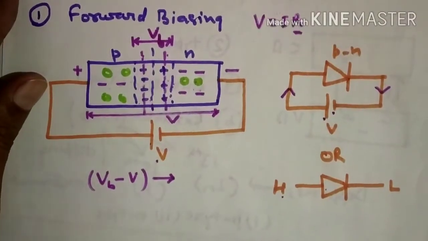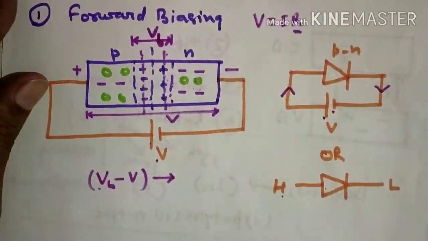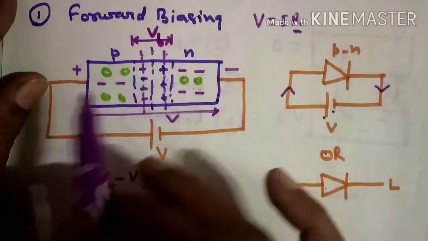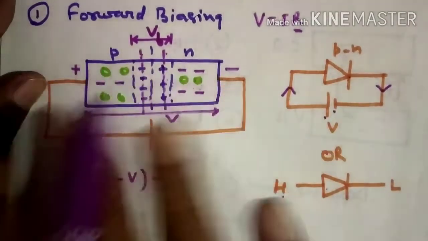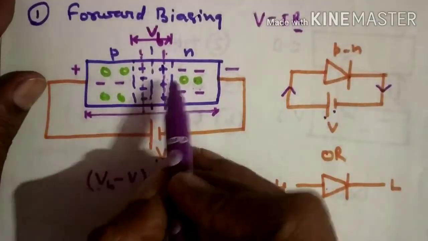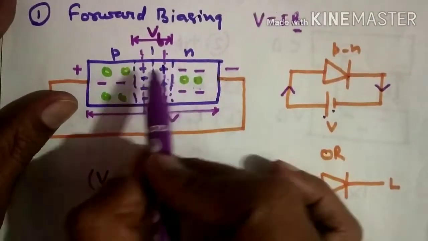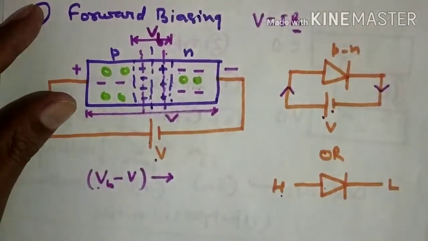If you try to understand all these phenomena on the basis of energy band, because of this potential difference, the electrons on the upper energy level of the valence band get sufficient energy, and because of that sufficient energy, these electrons, or we can say these current carriers, are able to cross the junction.